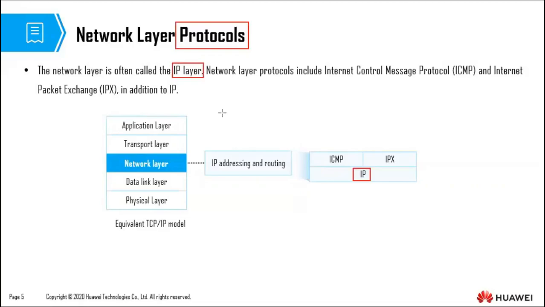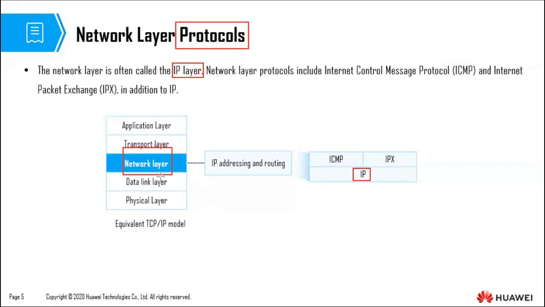So when you hear IP layer, then we are talking about the network layer. Now, we also understand that the network layer is commonly referred to as layer 3. Layer 3 of both the TCP/IP model and also the OSI reference model.